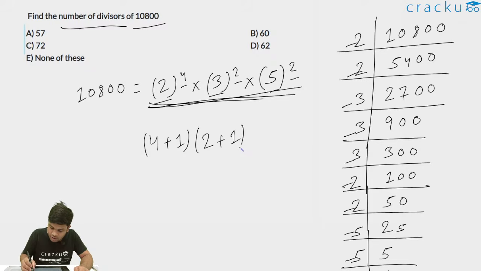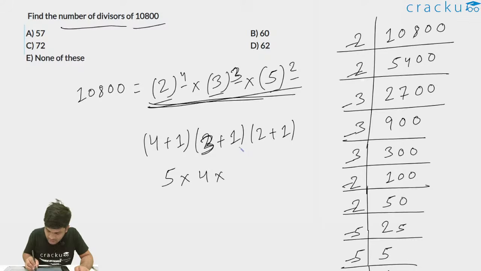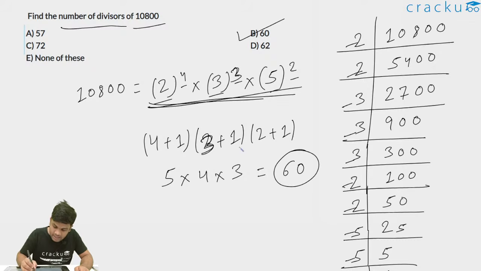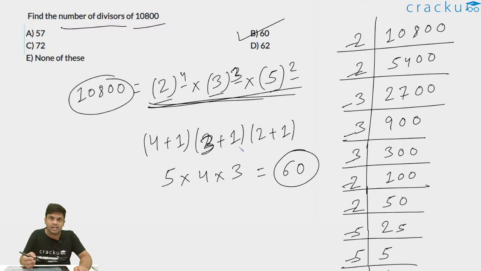And again here it is 2, so we will write 2 plus 1. Sorry, 3 is 3 times, not 2 times, so it is 3 plus 1. Add 1 to the power and then multiply. So 4 plus 1 is 5, 3 plus 1 is 4, and 2 plus 1 is 3. When you multiply it, you will get 60. So that means there are a total of 60 divisors of 10,800.